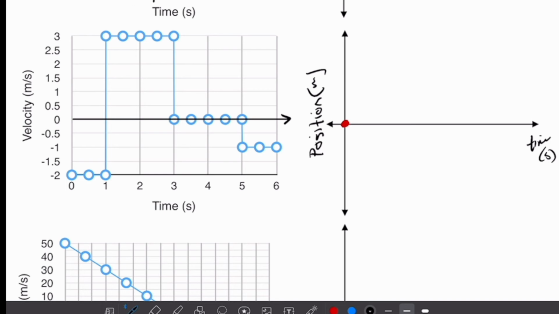How about Luca? What do I do next? I know yours is right. So you calculate the area of the 0 to 1 second. All right, I could go with that. So calculate this area. What do I get? -2. -2 meters.